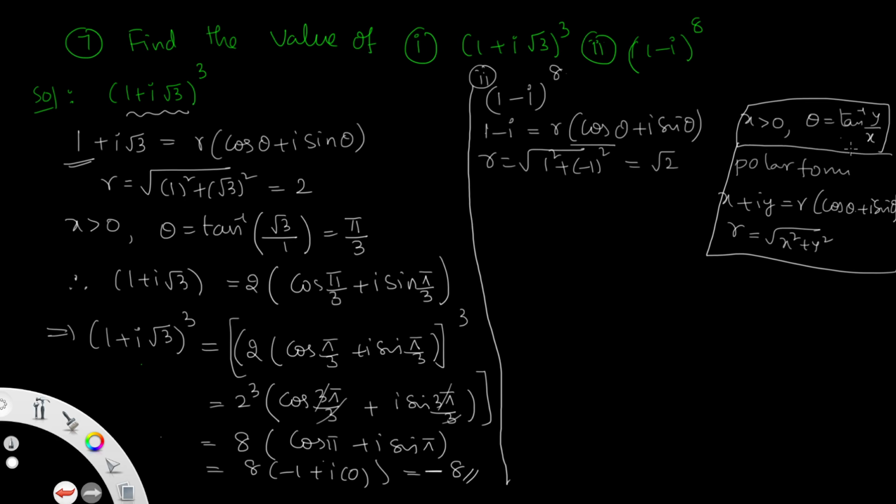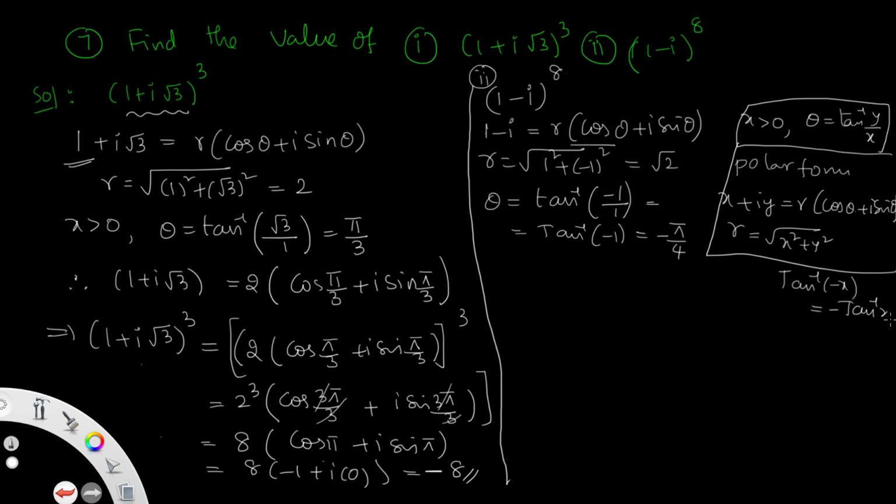Theta is, if x is positive, tan inverse y by x. So tan inverse of y by x means minus 1 by 1, that is tan inverse of minus 1, nothing but minus pi by 4. Why? Because tan inverse of minus x is nothing but minus tan inverse x.